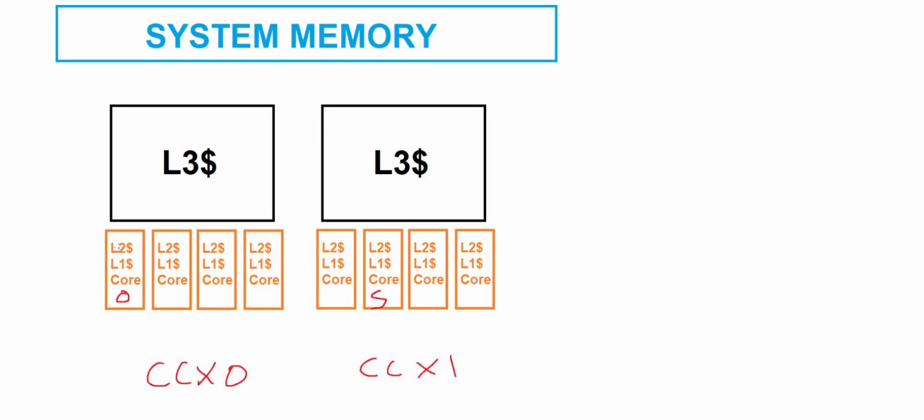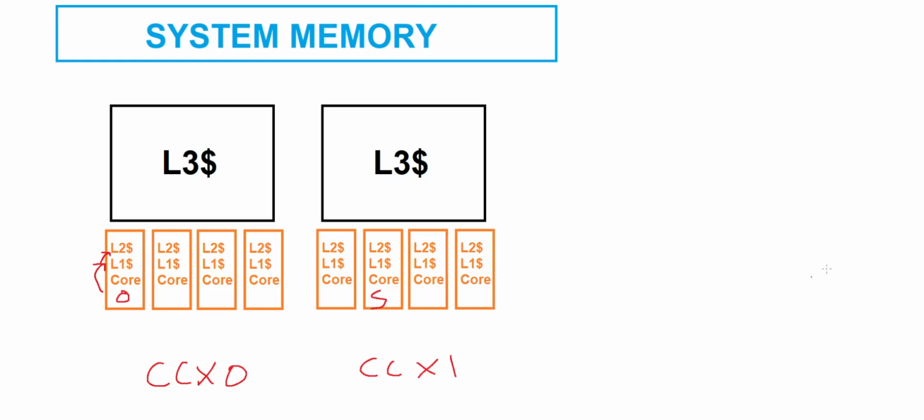Now, when, say, core 0 updates some address here, initially it's in L1 and L2. Of course, remember the L2 is inclusive. Now, in address A, we've written some new value, so we say we've written a 1 instead of a 0.